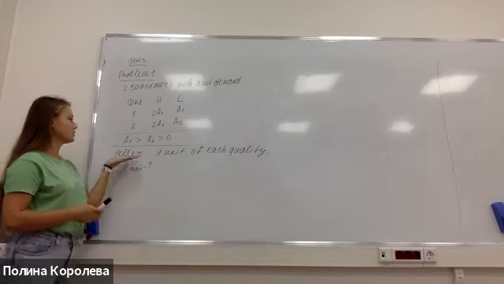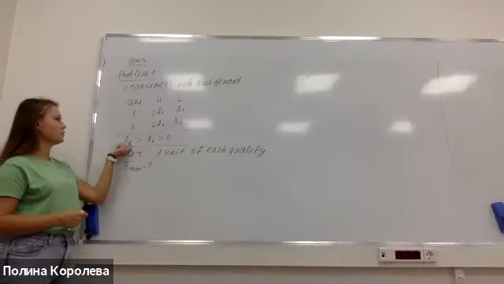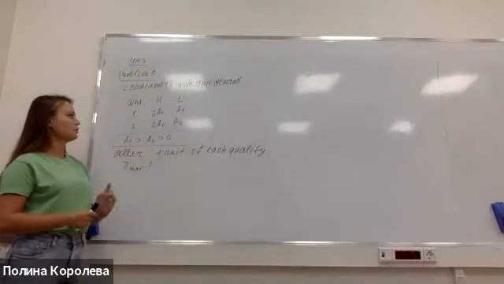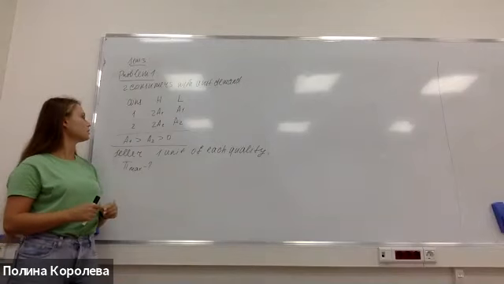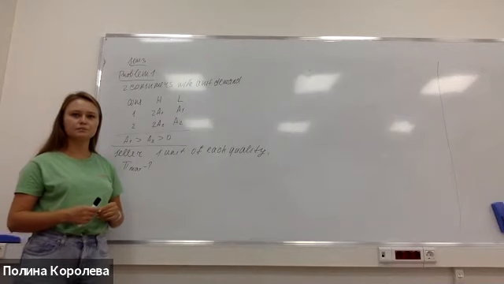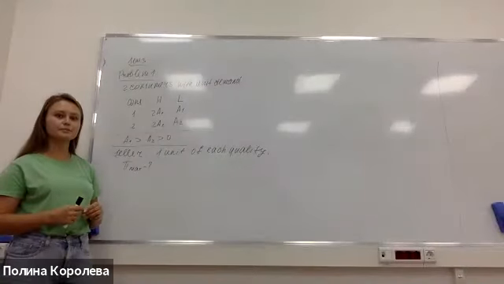What does our seller want to do? What do you think? We know that A1 is greater than A2. So, which type does he want to sell to which consumer? Who can answer? Please, guys.